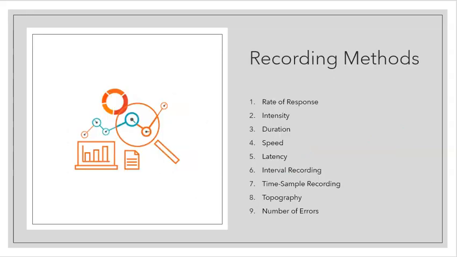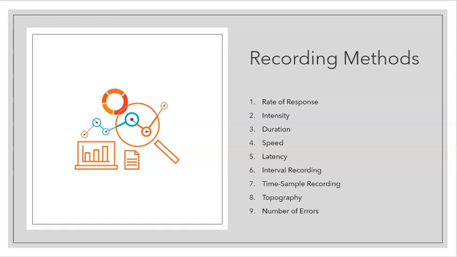So that's how we describe behavior, but how do we record the methods? How do we record what's happening? There's actually 9 different recording methods that behaviorists use to measure behavior. So we're going to go through each of these methods one by one.